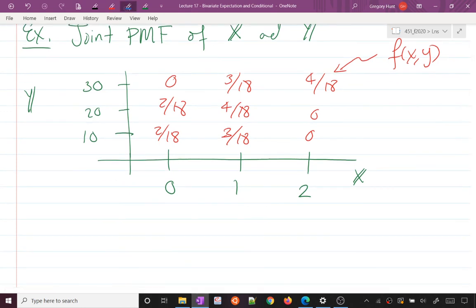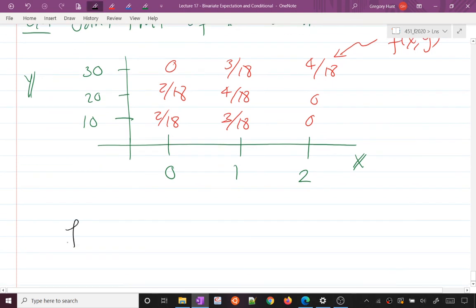And I can get the marginal. Let's say I want to calculate f of, let's reverse it, y given 0. Another way of writing this is the Pmf of y given x is equal to 0 at some value little y.